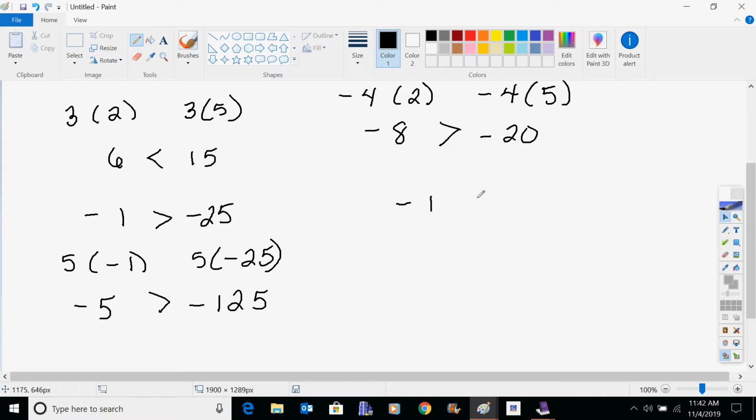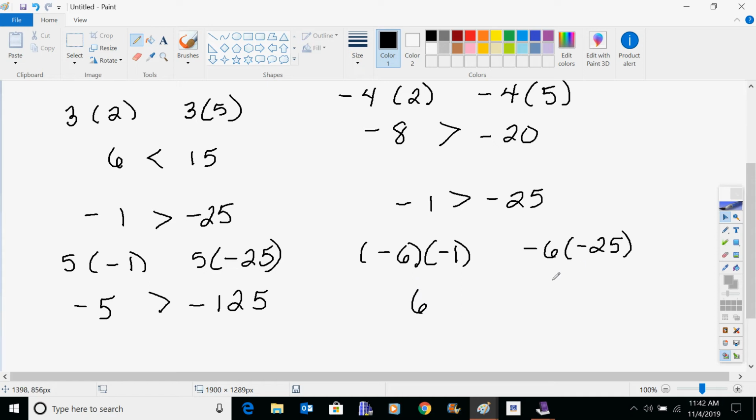Same thing here. If I did -1 greater than -25, and I multiply both sides by a negative number, -6, sure. -6 times -1, and -6 times -25 gives us 6.